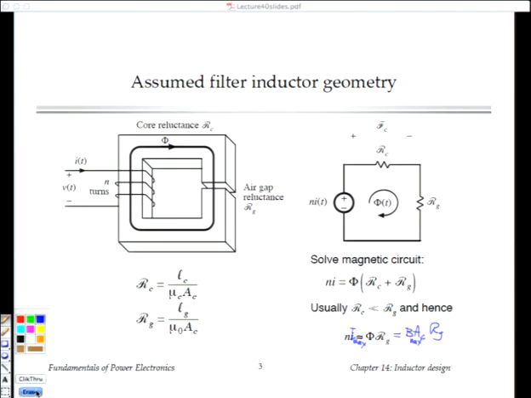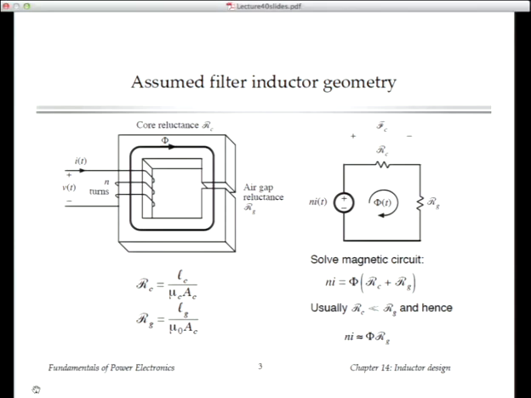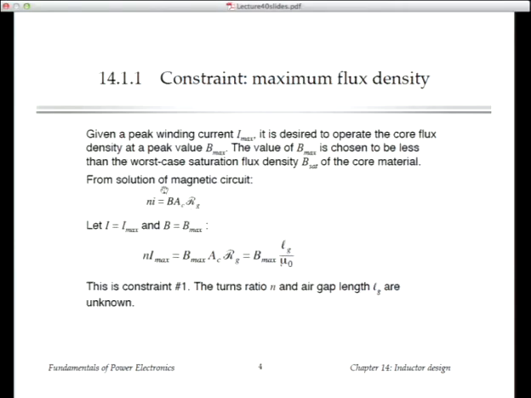Okay? And so that's on the next slide. Here's that equation, and you plug in I max and B max. We can also plug in the equation for the reluctance of the gap, and we get this expression that relates I max to B max. So this is our first constraint.